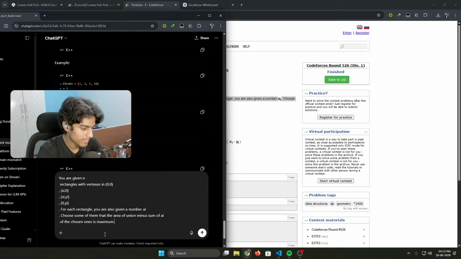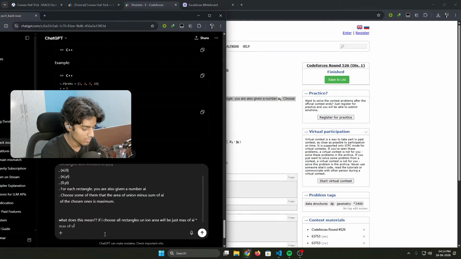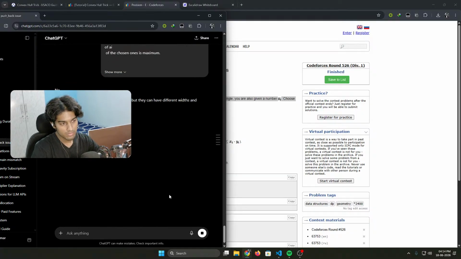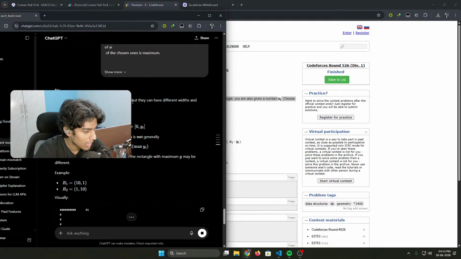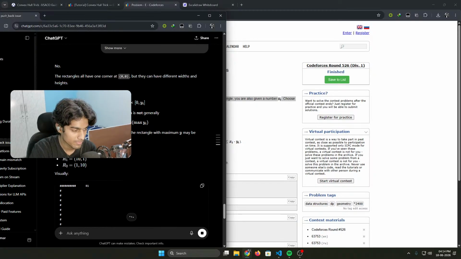Okay. No. All have one corner, but they can have different widths and heights.